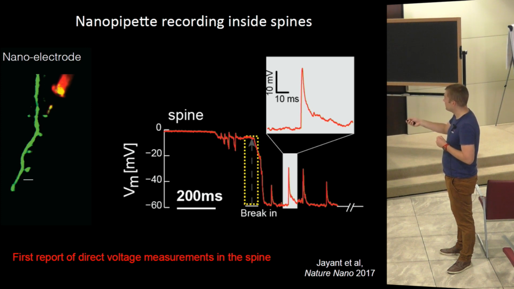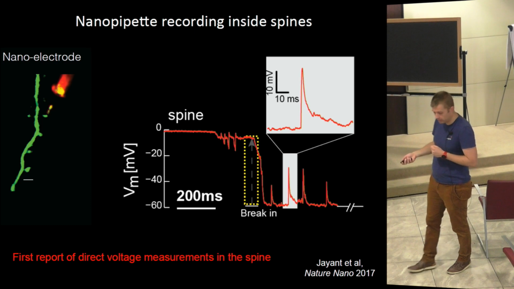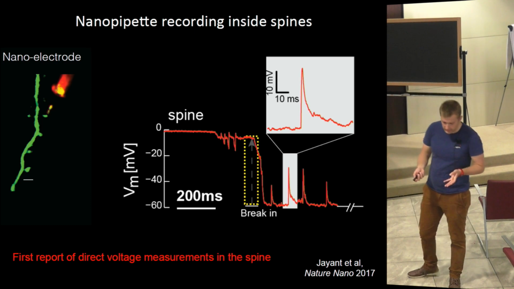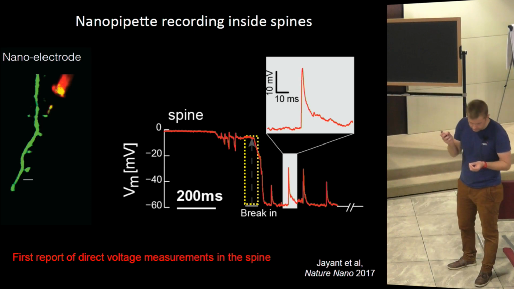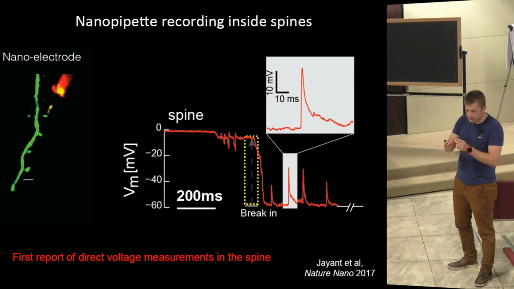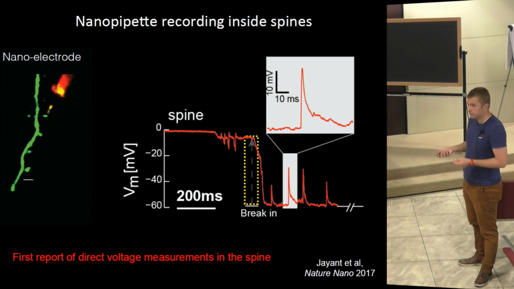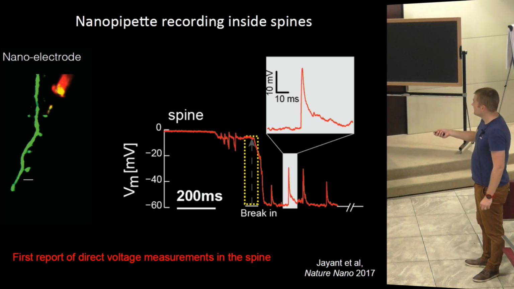So here it enters, and then he can measure the spontaneous voltage, which actually were quite high. So it seems, but there is a bias, because he put the pipette into long spines, okay? Because this is a spine that you can see. And so this is the first report of direct voltage measurement in the spine.